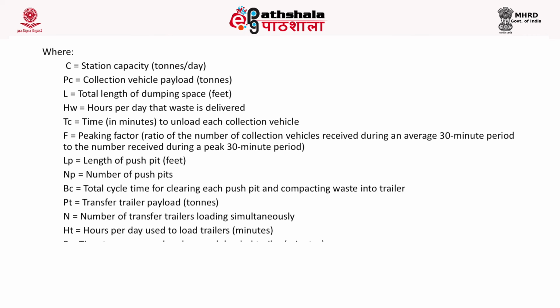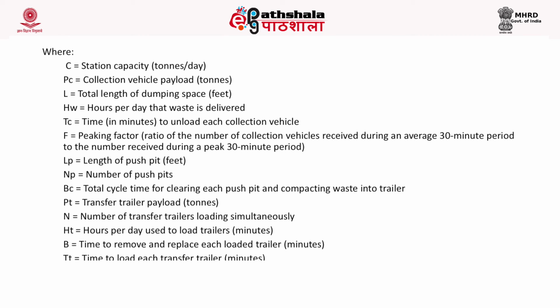Likewise, in the pit station method, you also have a method which is calculated based on the rate at which the transfer trailers are loaded, which is given by C = (PT × N × 60 × HT) / (T + B).